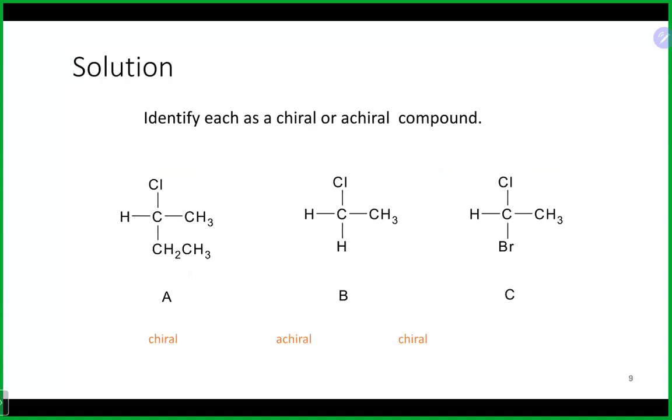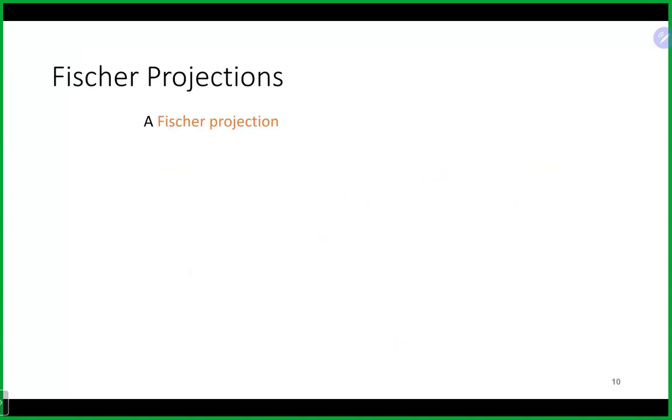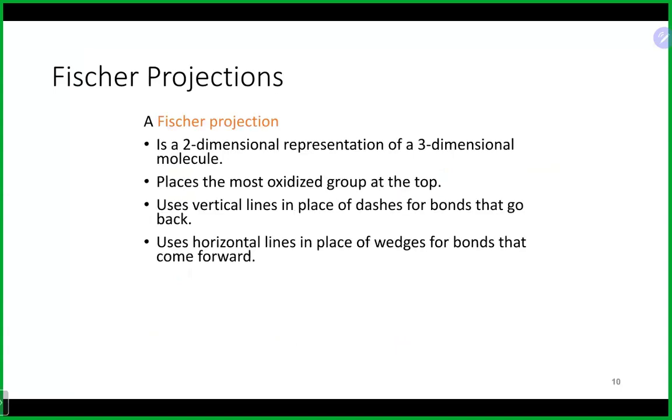All right, so hopefully they agree. That's good. All right. Now, Fischer projections are sometimes used to represent three dimensions. We're not going to do too much of it in here, but in case you see it, in a two-dimensional representation, usually the most oxidized group is on top, and that's usually the group that has oxygen in it. We use vertical lines in place of dashes to represent things that go kind of behind the paper.